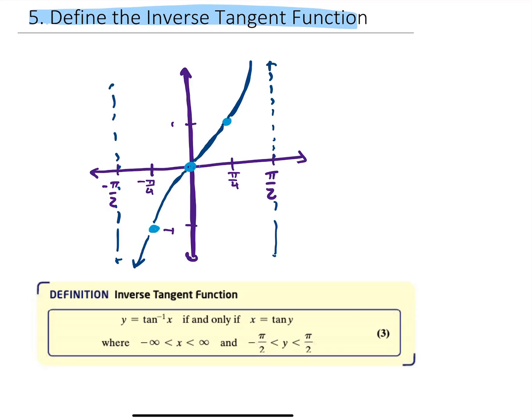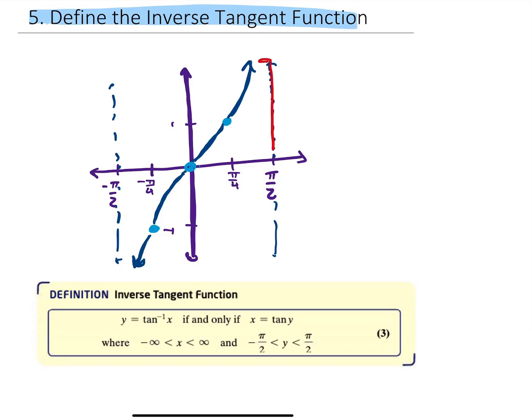Not the best tangent here. We can get the idea. And this continues, so we would have another copy on both sides. So all we really need to do is just take one period of the tangent function, because it already is one-to-one in between these asymptotes. Anywhere we draw a horizontal line, it will only cross the graph at one point.